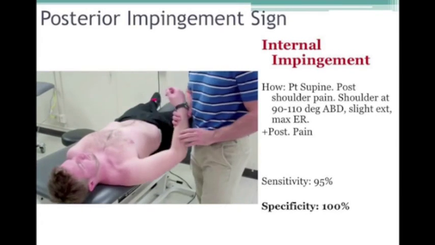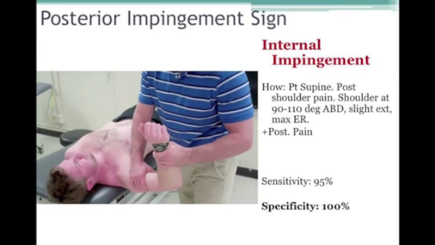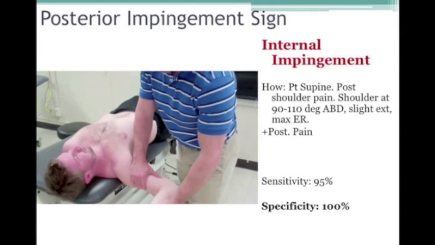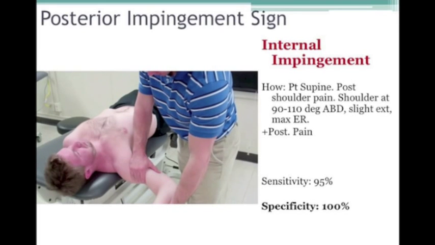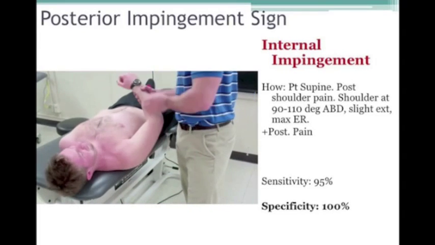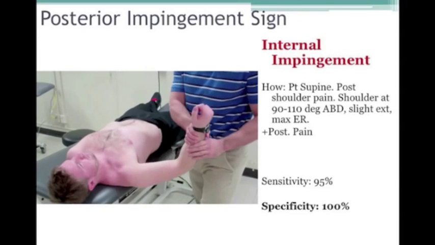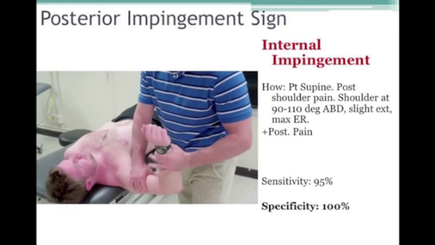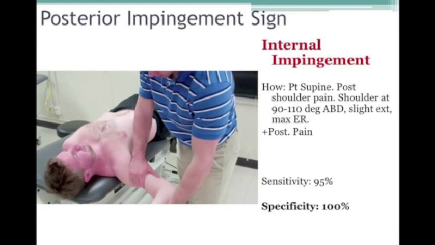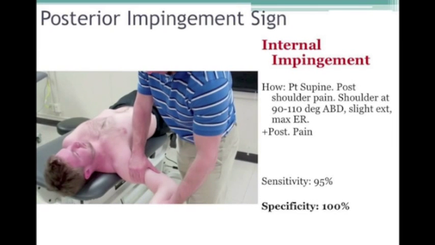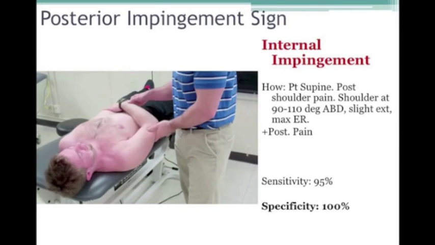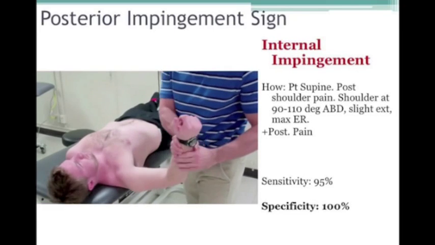The patient is put in supine, the shoulder is abducted, slightly extended, and maximally externally rotated, all passively. So the biggest difference between this and an apprehension type test is, of course, the posterior force on the humerus and then the slight extension of the shoulder. Positive for this is posterior pain in the shoulder.